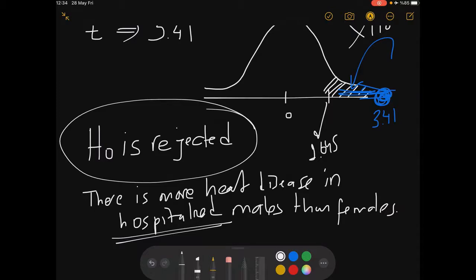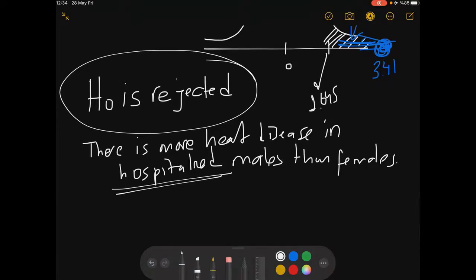But be careful, maybe females don't go to hospital as much as males do. So if you generalize this as a conclusion, that males have more heart disease than females, that could be something tricky, a weak conclusion that you can draw. Be careful. There is more heart disease in hospitalized males than hospitalized females. That's what we can reach as a conclusion here, okay?